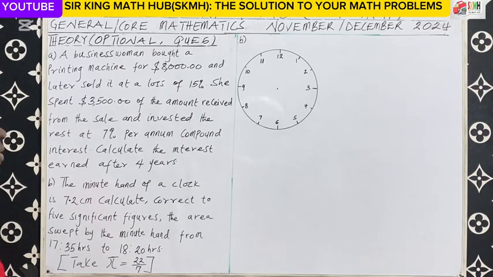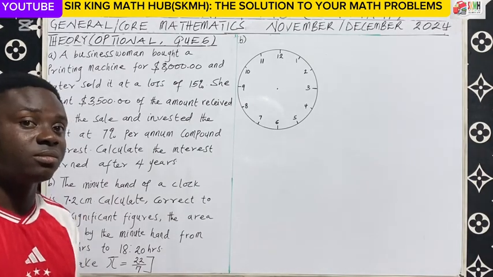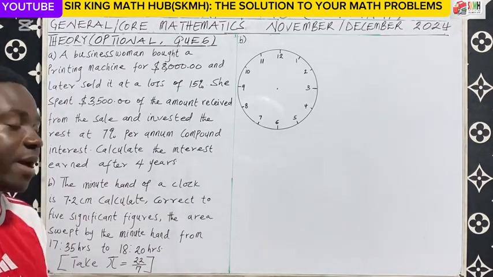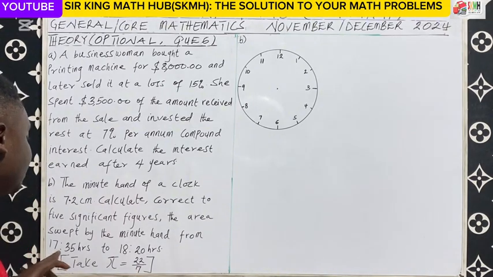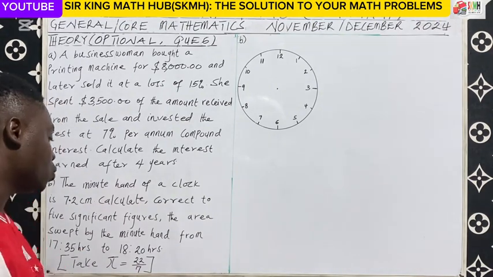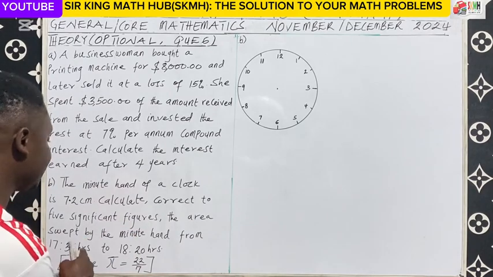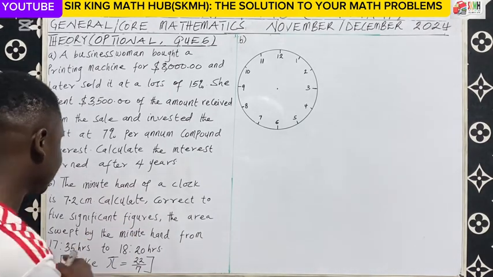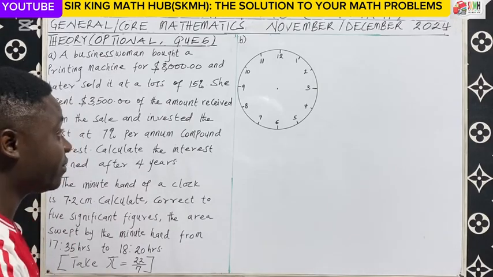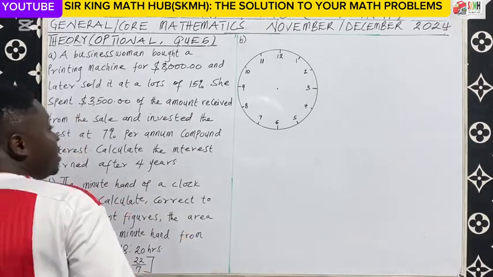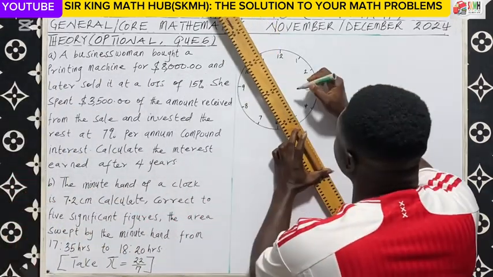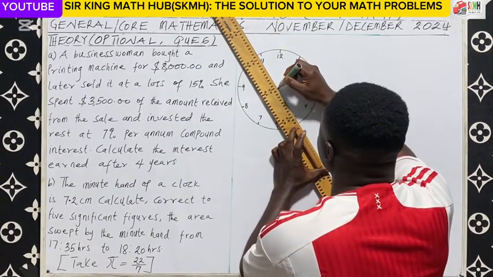So now the first step is that we need to look at the duration, that is the duration of time from 1735 to 1820. First of all, let's indicate the start time. The starting time here was 1735, which is the same as 5:35.